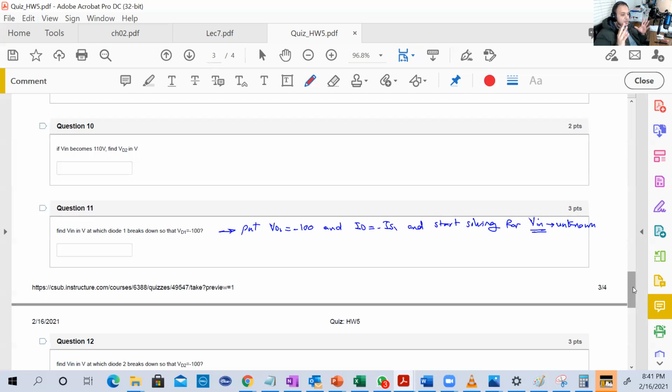So assume that, for example, we can change slightly the power source, the input, or the battery. Let's assume, I don't know, but let's assume at 90 there was no breakdown. So we must increase this input so that the diode goes into breakdown.